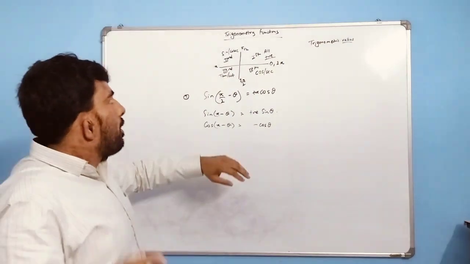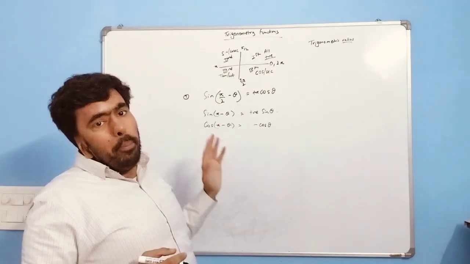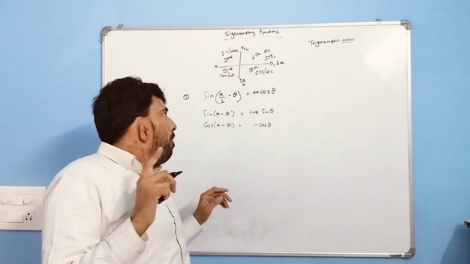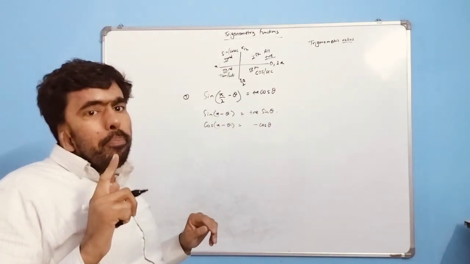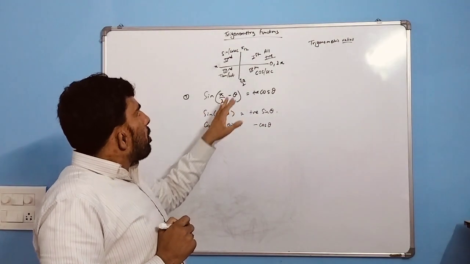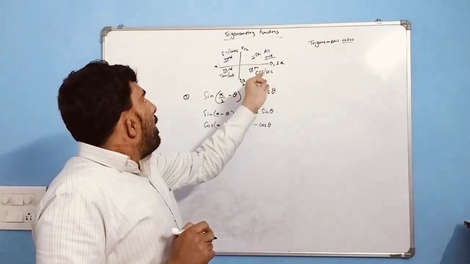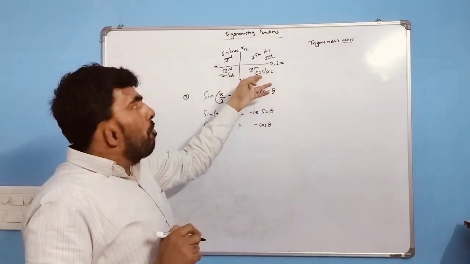After that we'll move to more formulas. I hope now it is clear to you in which quadrant which ratio will change at pi by 2 only. If I use pi or some other angle like 2 pi, if I say sin 2 pi minus theta, I am talking about fourth quadrant.